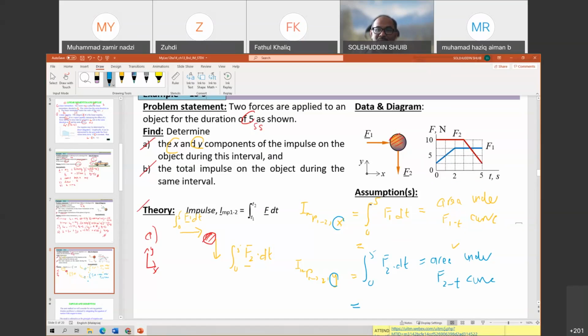Try to work it out. Let me know. You see the chat box whether anybody responds.